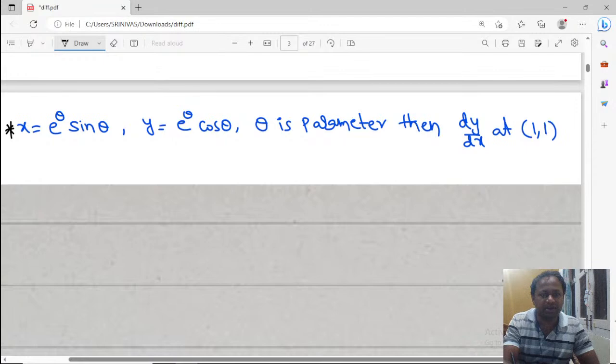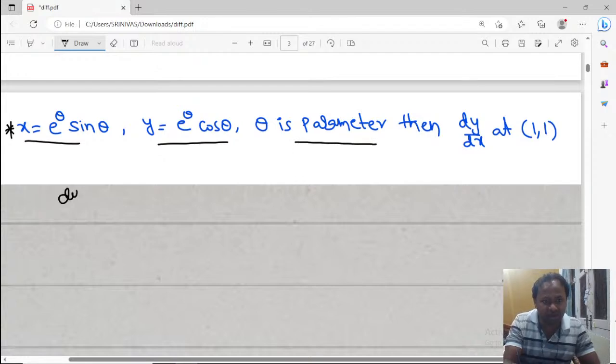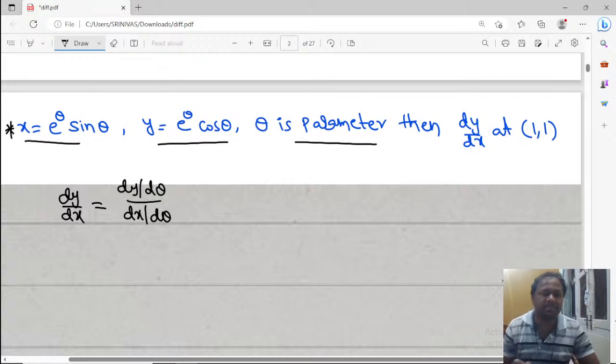So x is equal to e power theta sin theta given, y is equal to e power theta cos theta. Theta is the parameter. Whenever parametric form is there, dy by dx is equal to dy by d theta divided by dx by d theta. This is the form. Before this, here x is equal to 1, y is equal to 1.